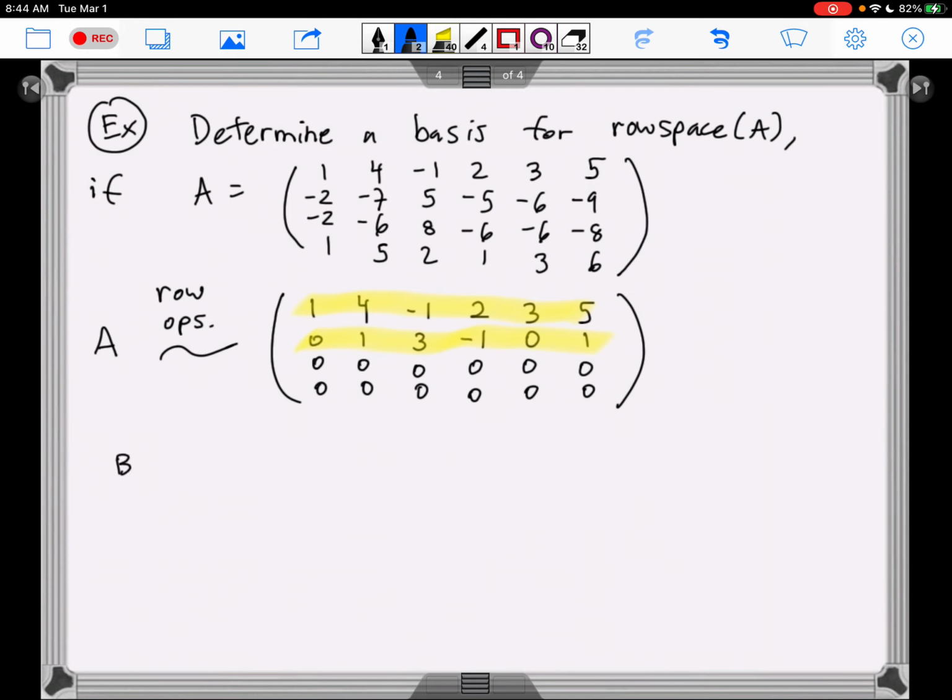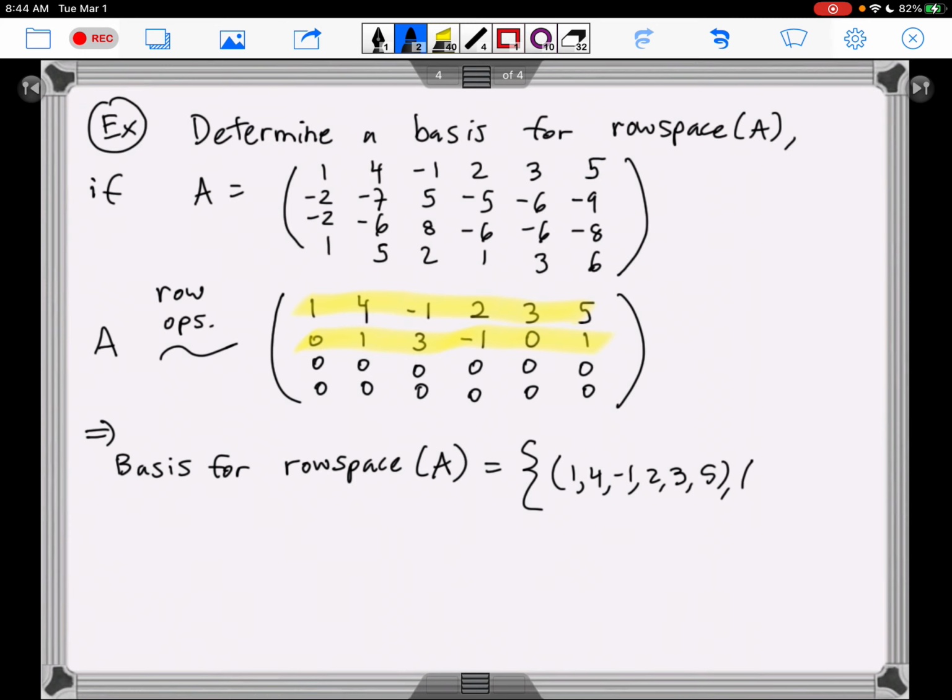And so we're ready to write. This means that the basis for the row space of A is equal to these two vectors, 1, 4, -1, 2, 3, 5, and 0, 1, 3, -1, 0, 1. What is this a subspace of?